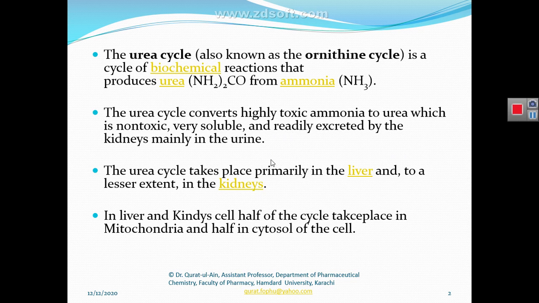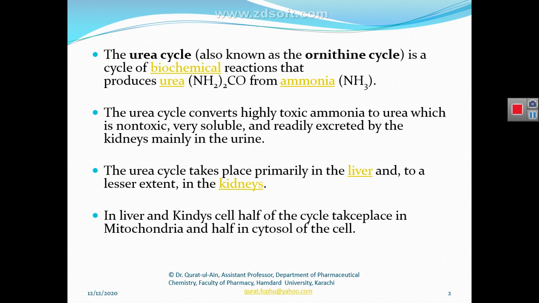Now the question is: where does this take place? As I have already discussed with you, to discuss any biochemical reaction or any biochemical pathway of catabolism or anabolism of a macromolecule, you should also know where these reactions take place in your body, in what organ, or in what organelle or cells.